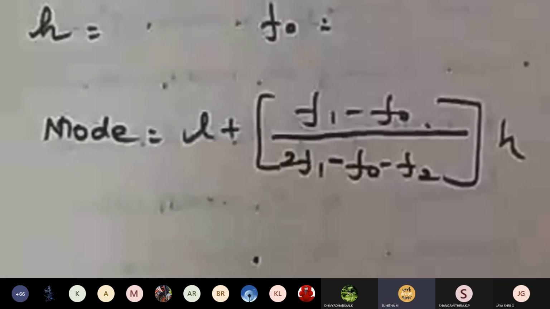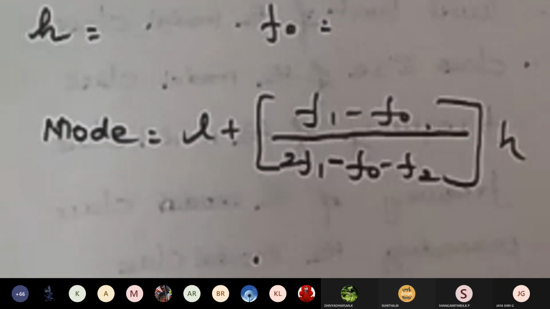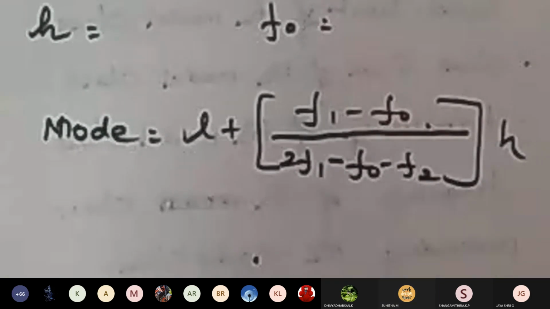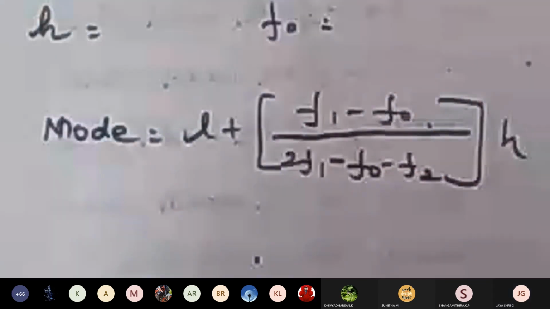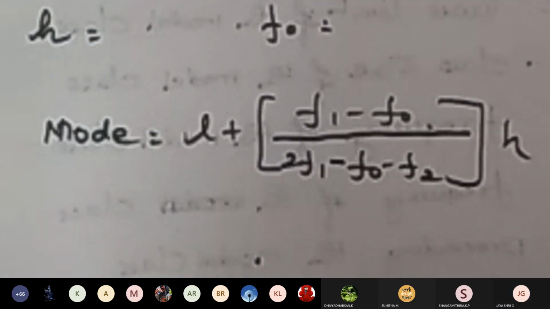You got it? Now L, the lower limit of the modal class, is 35. See, the age given is 5 to 15.